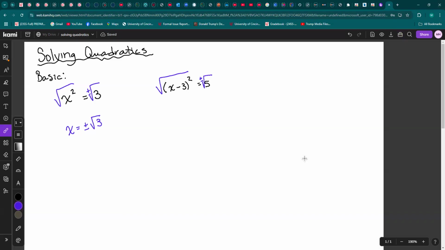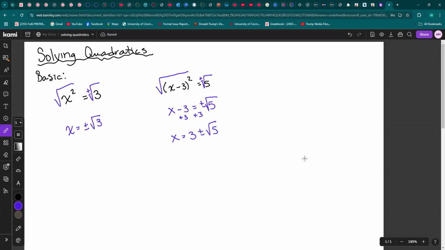And then the square root cancels with the square, so you'd have x minus 3 equals positive or negative square root of 5. And then you'd still try to get x all by itself, so you'd add 3 to both sides. And then you'd end up with x equals 3 plus or minus the square root of 5.